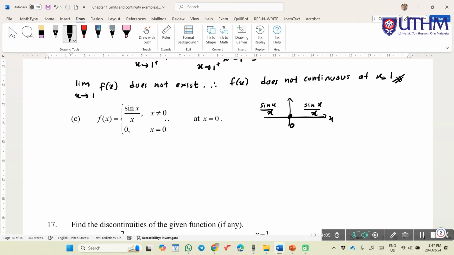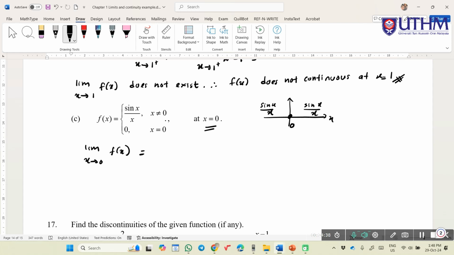Now we need to find the limit as x approaches 0 for f(x). Why approaches 0? Because we look at the question. If the question needs you to determine the continuity at x equal 1, just find the limit as x approaches 1.